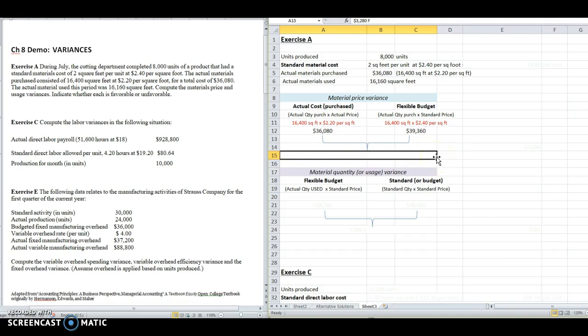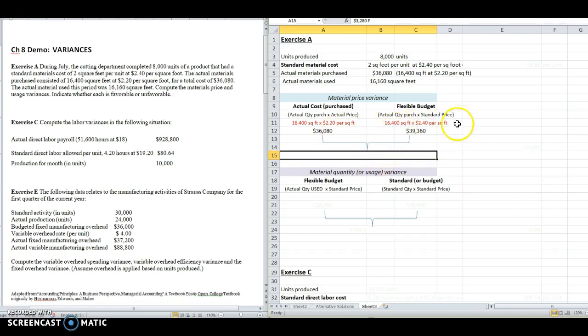A couple of things about variances. First, never ever show this as a negative number. You always show this as a positive number. You will indicate with an F for favorable or U for unfavorable if it's a good thing or a bad thing. So in this case, the amount that we have is $3,280.